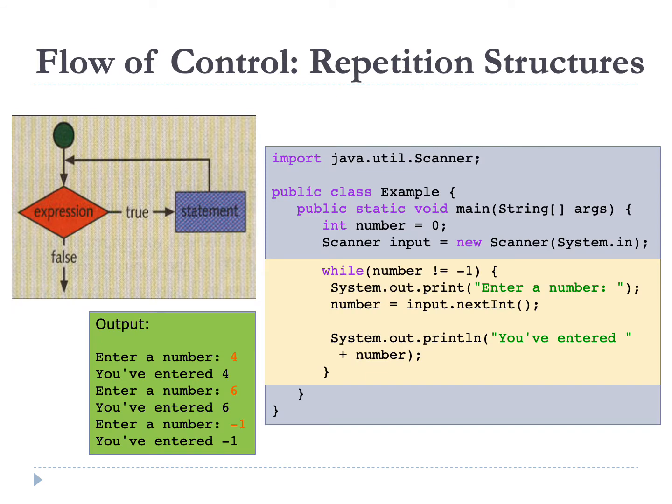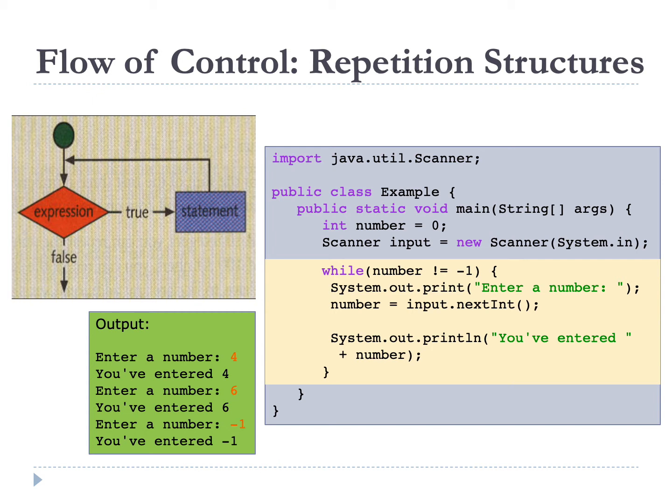Repetition is also represented by the diamond shape for condition in the flowchart. Only the flow is different than selection. A quick example to show it is in this code. In the yellow box, it will keep on asking the user to enter a number. It will only quit when the user enter -1. Otherwise, it will keep on going. The example output could be enter a number.